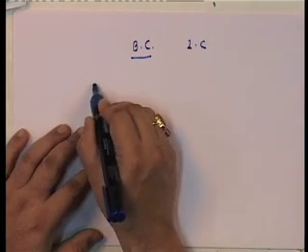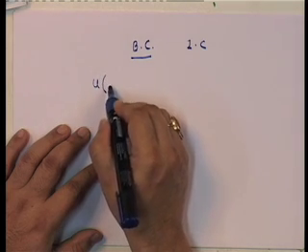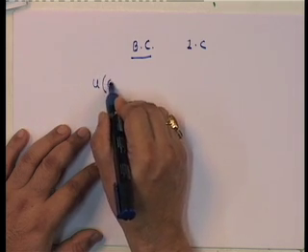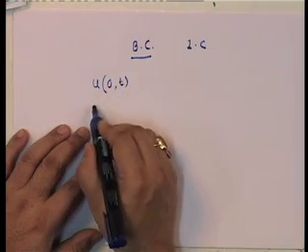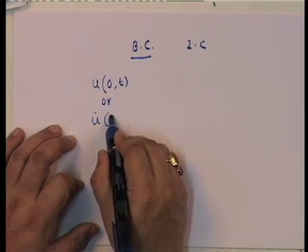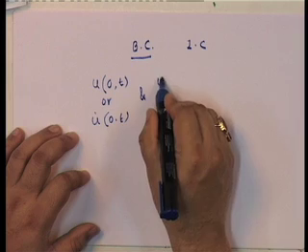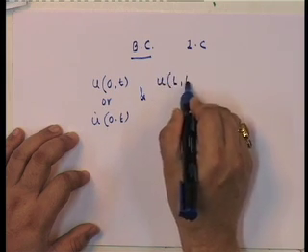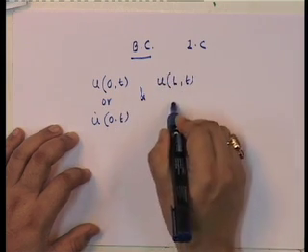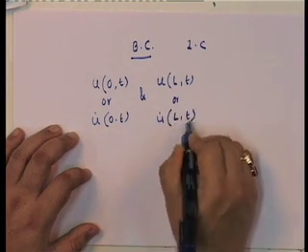We need to know u at 0 of t or u dot at 0 of t, and u at L of t, that is the boundary, or u dot at L of t.